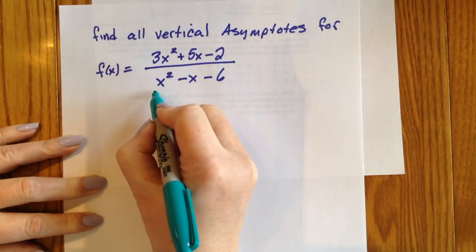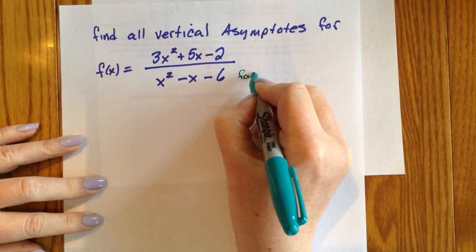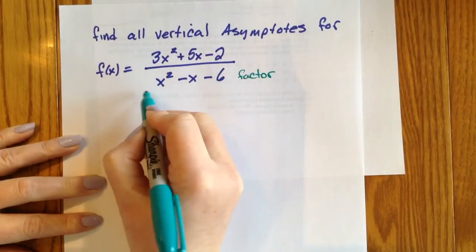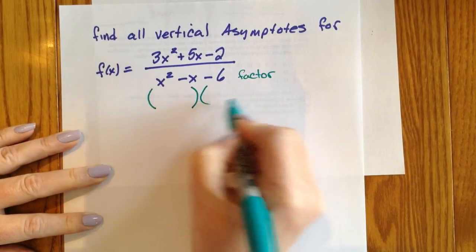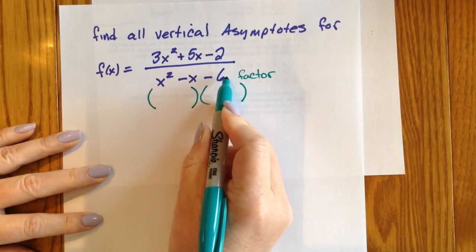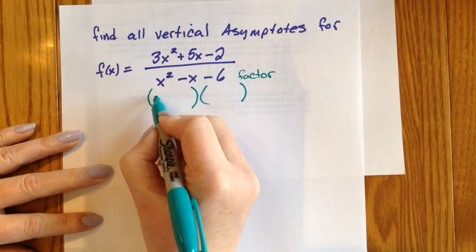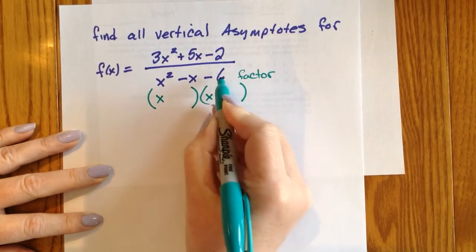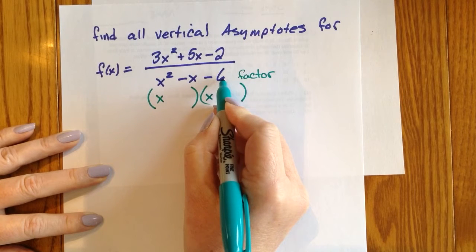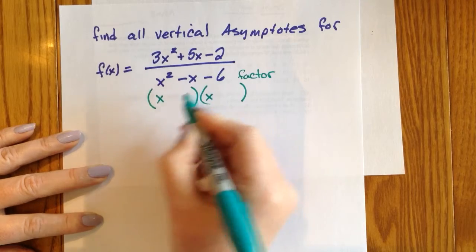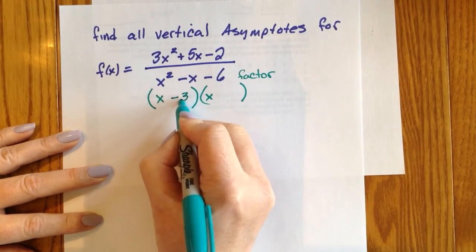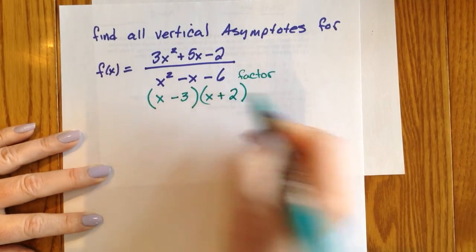Here's what you're going to want to do. You're going to want to factor. Now, for some of you, that is quite an adventure. I'm just going to factor the denominator. Factors are x and x, factors of -6, positive and negative numbers, 1, 6, 2, and 3. We need to make a -1. So that's going to be a -3 and a +2.